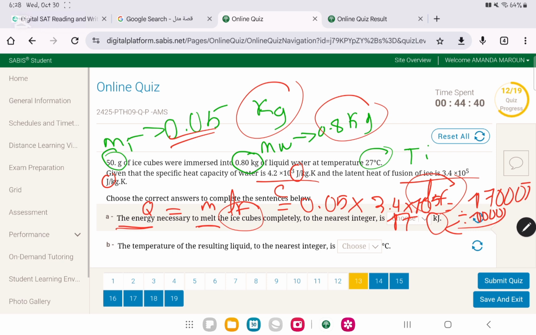Now, this is very important. They need the temperature of the resulting liquid. We have Q over here, which is 17 kilojoules. Now they need the temperature, which is temperature final.